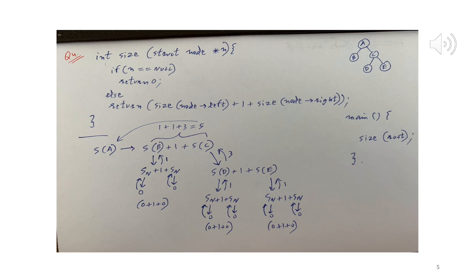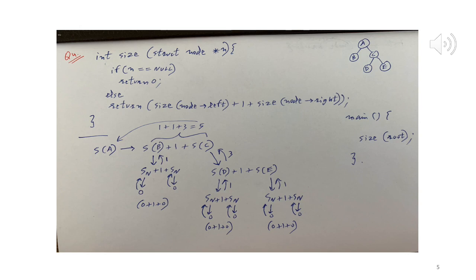So change node to n. Now n points to A, and what this will give us, s n arrow left, means a pointer to the left child of A, which means a pointer to B. So this gives rise to the call s B, plus 1, plus calling size with n arrow right, the right child. So n arrow right will be, so n is a pointer to A.